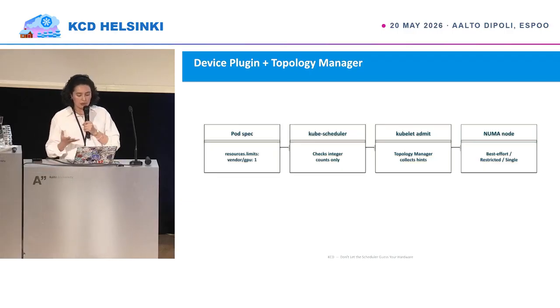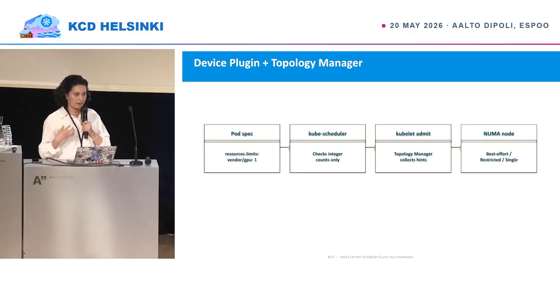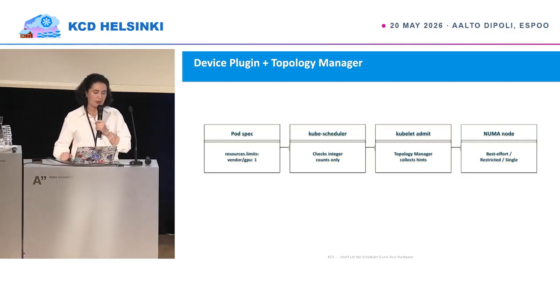And when the pod is bound to the node, the kubelet kicks in and starts gathering some more topology information to find the right NUMA node, for example, to place the pod.